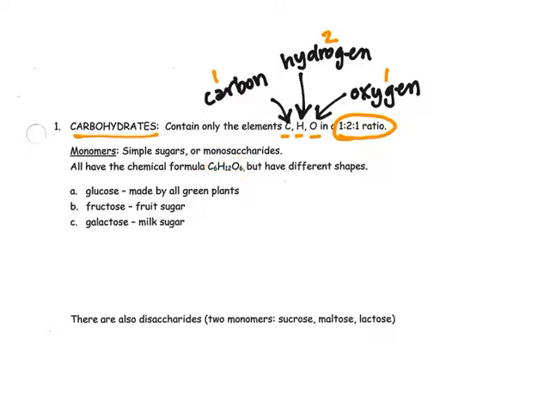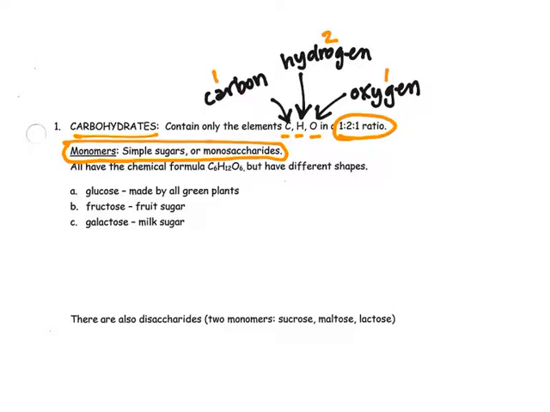So pretty cool stuff. It's important to know for carbohydrates, the monomers, this is worthy of being highlighted, are simple sugars. Those are the little Lego pieces that are going to come together to form our carbohydrates, or our polymers.